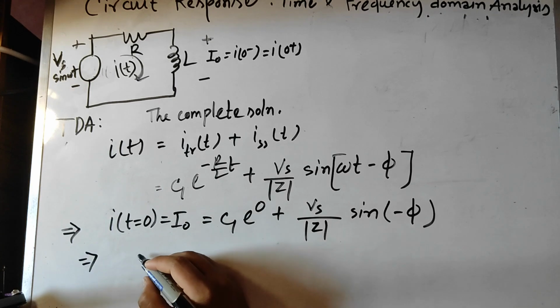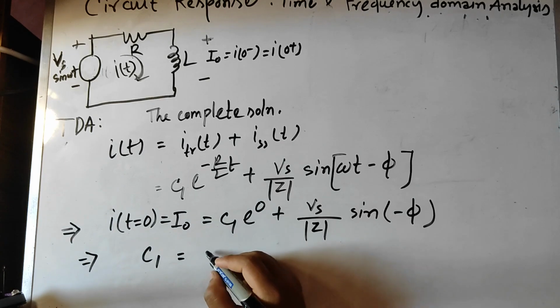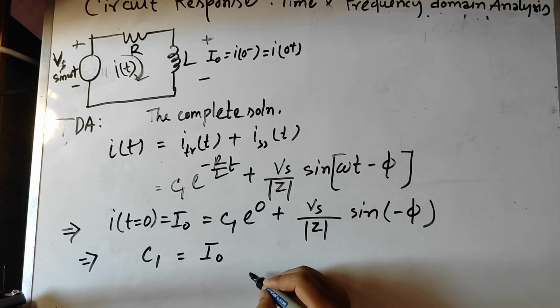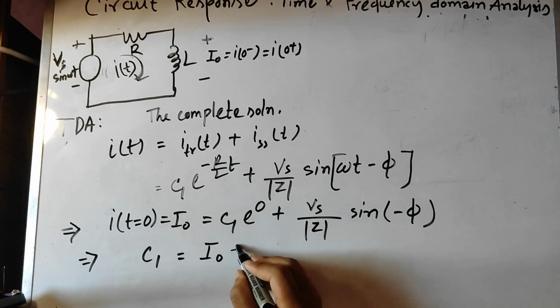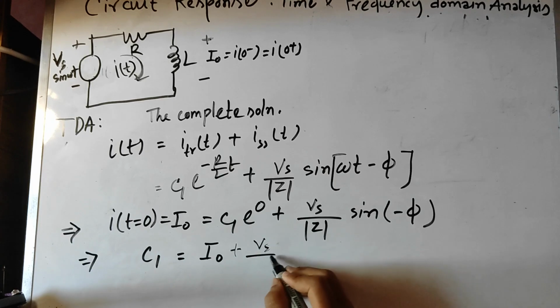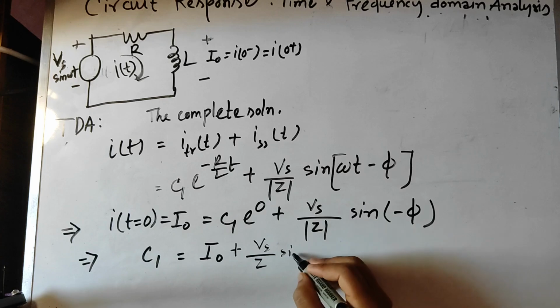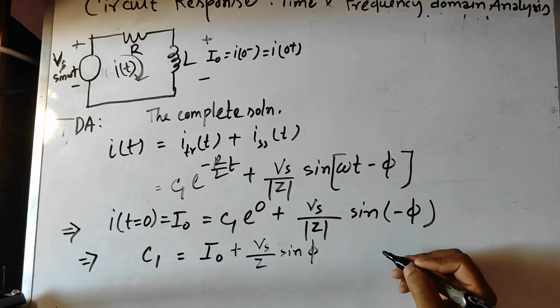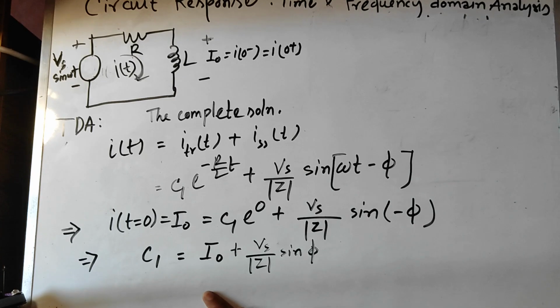Thus we get c1 equals Io, so sine minus phi is minus sine phi, so plus Vs by z sine phi. This is the value of the arbitrary constant.